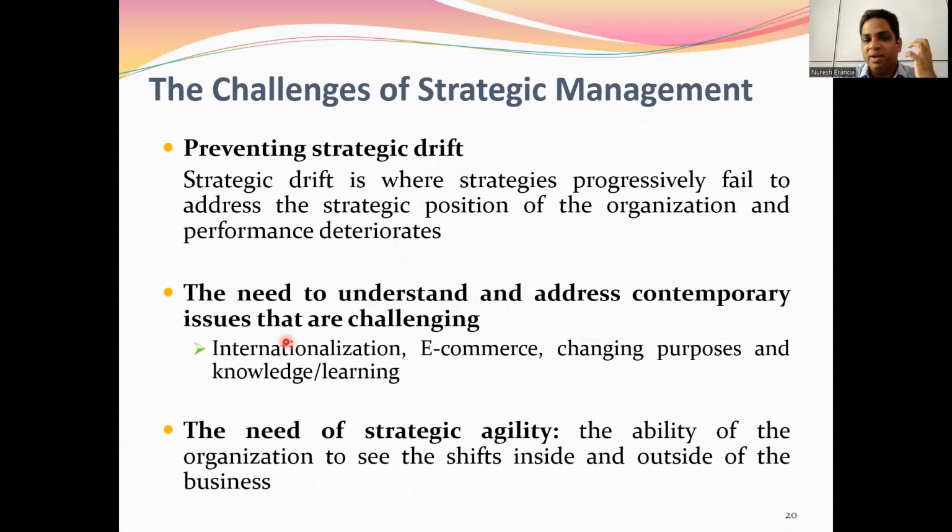Why? When you look at the contemporary issues in the business world, a lot of changes are there: internationalization, globalization, even deglobalization, e-commerce developments, changing practices, geopolitical changes. So it's very easy for a business to be strategically different compared to the past. Easily you can be drifted.